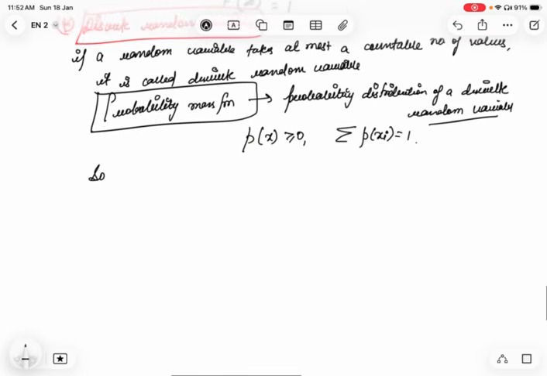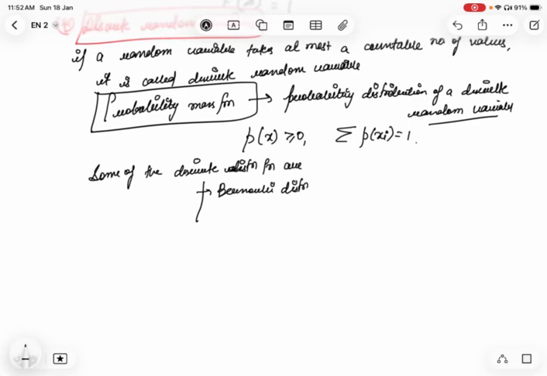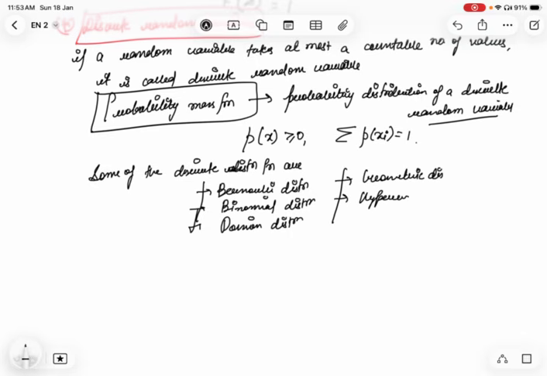Some of the discrete distribution functions are Bernoulli distribution, binomial distribution, Poisson distribution, geometric distribution, hypergeometric distribution, and negative binomial distribution.